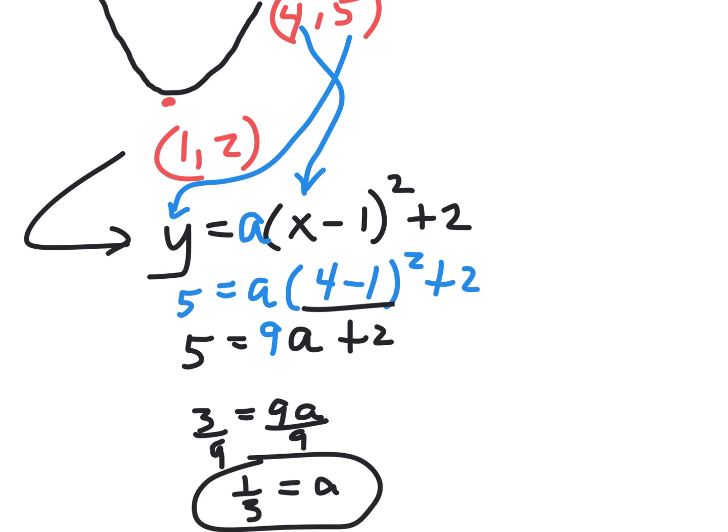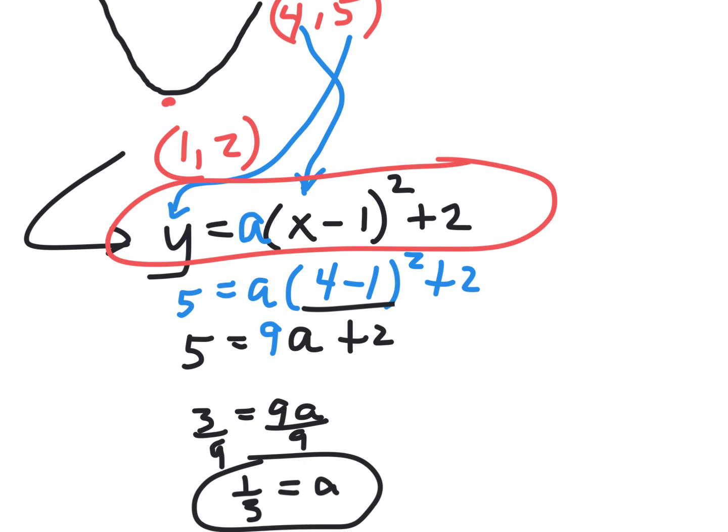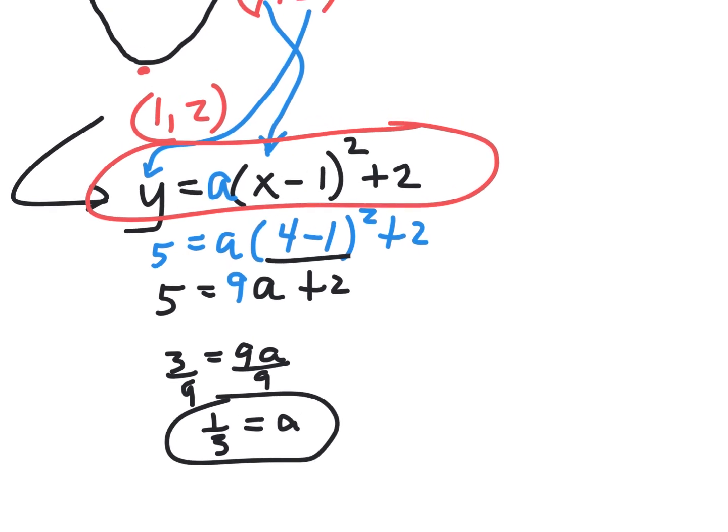Cool. Now, it would be really easy for a kid to stop right there and forget that the whole point was to write this equation, but with the 1/3 in it. So how do you finish this thing? Everybody, please write underneath that, write the final equation with the 1/3 in it.